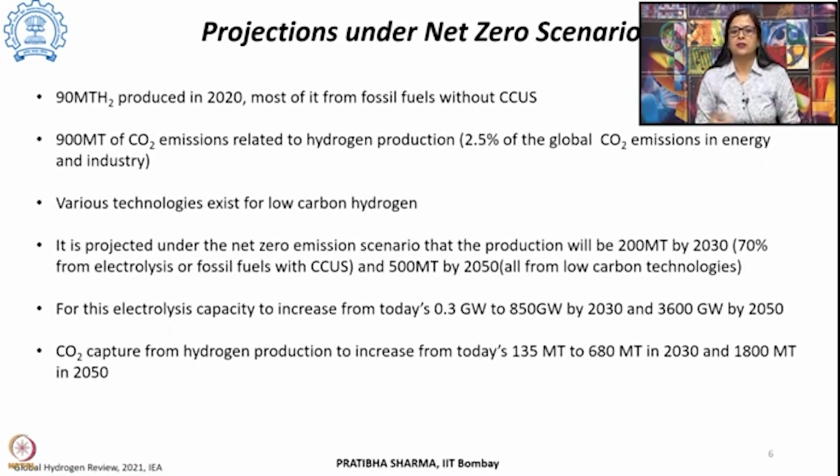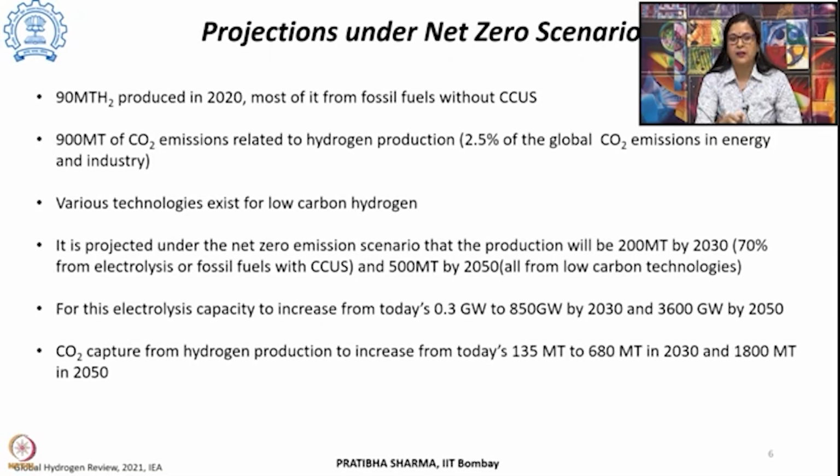Now, there are various technologies which exist for low carbon hydrogen production, like production from water using either thermochemical cycles or electrolysis, or it can be produced from fossil fuel plants with CCUS or from biomass gasification. But the current status is that only 30 kilotons of hydrogen is being produced from water electrolysis, and about 16 fossil fuel plants which have carbon capture, use and sequestration produce 0.7 million tons of hydrogen.